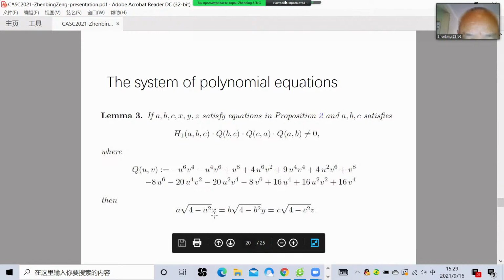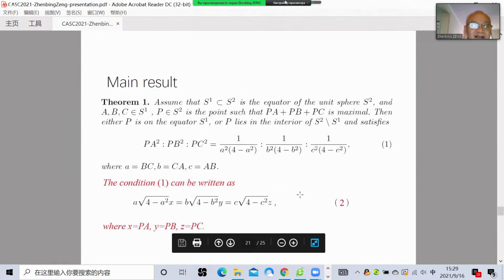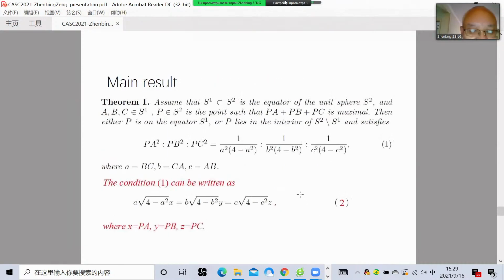This almost linear system. Then we see this proved already the main result of our talk.